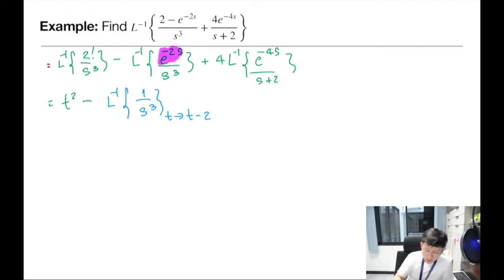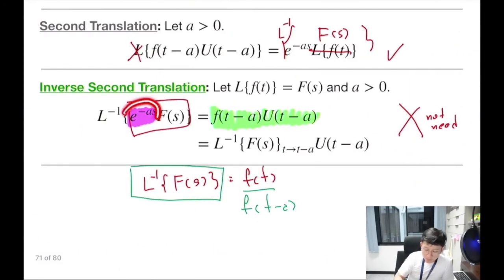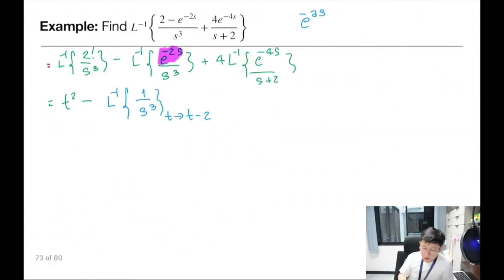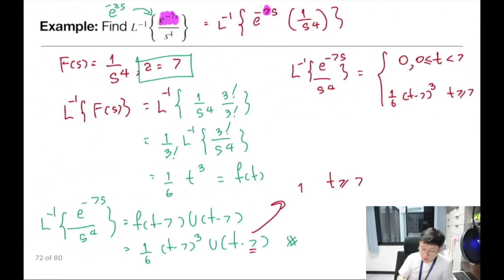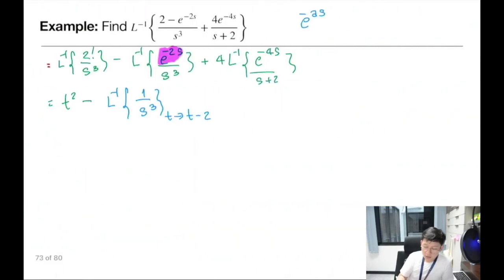Here, it is e to the minus as, which means that a is actually 2. When you shift, you need to shift t to t minus a. So I need to shift t to t minus 2 because our a now is 2. See, it's quite easier, right?